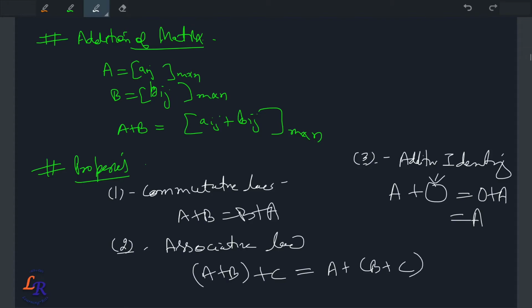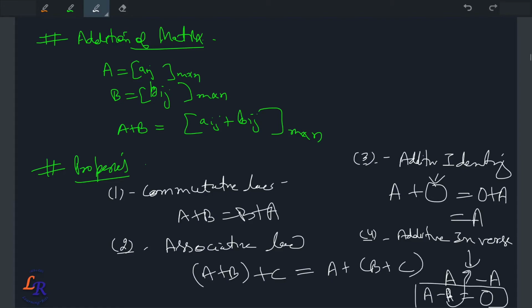And again we discussed the additive inverse. What is additive inverse? If there is a matrix A, there may exist a matrix minus A such that A minus A is equal to the 0 matrix, right? Then minus A is called the additive inverse of the matrix A. So these are the 4 important properties.